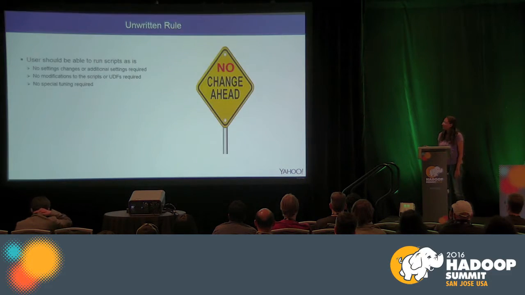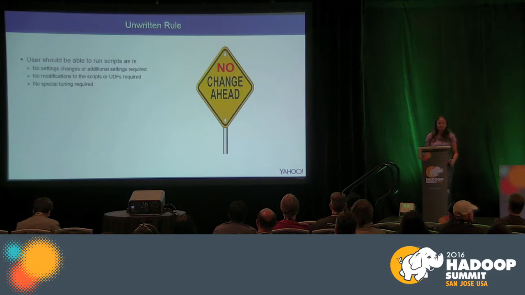So if we were to migrate to Pig on Tez and tell our users, okay, we're going to migrate, you have to make a lot of changes, you have to retune, you have to retest, redeploy, they're going to kill us, right? It's a lot of work, they are better off doing their actual work. So our unwritten rule was this: there's going to be no changes, your scripts will run as they are, we'll just push the new version, it'll switch from MapReduce to Tez.